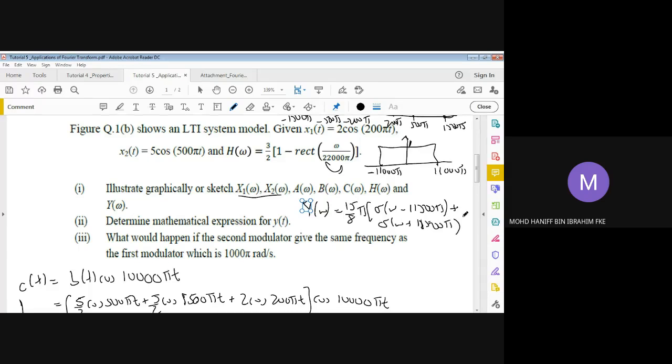So y(t) shall be equal to 15 over 8 cosine of 11,500 pi t. So that should be y(t).